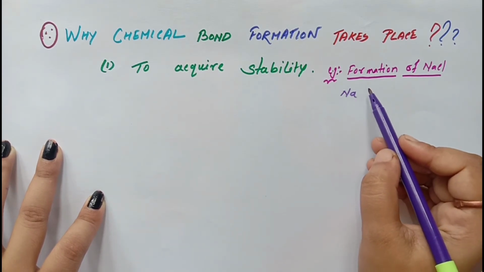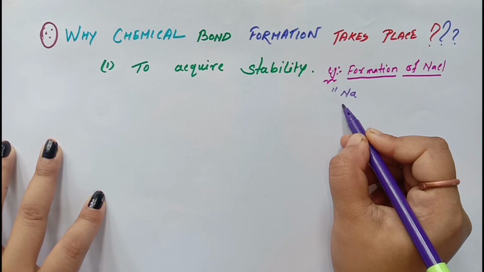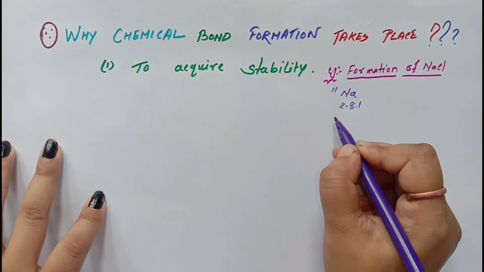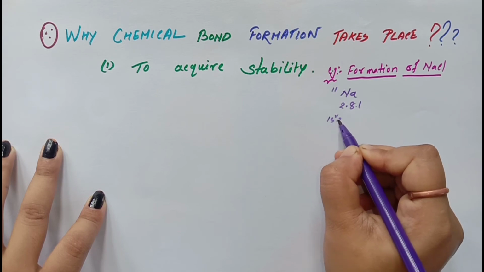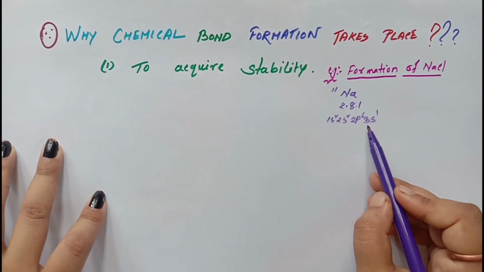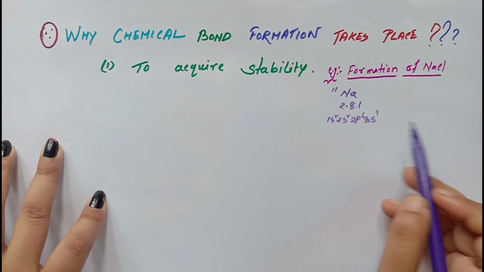So we know that sodium has atomic number 11, and its electronic configuration is 2, 8, 1, or we can also write it as 1s2, 2s2, 2p6, 3s1. So the valence shell or outermost electronic configuration is 3s1.